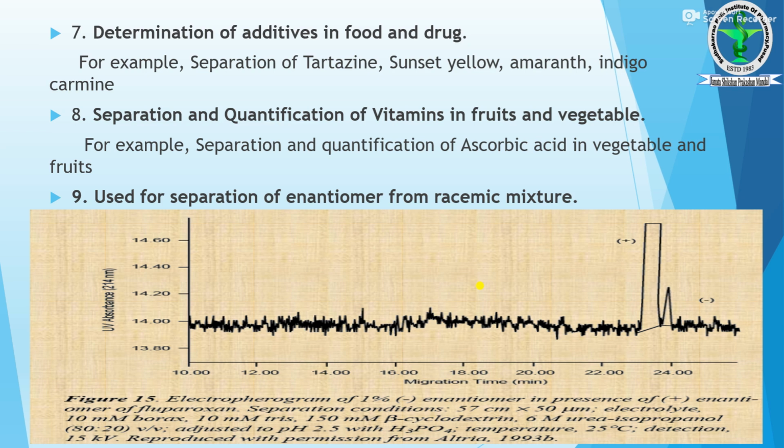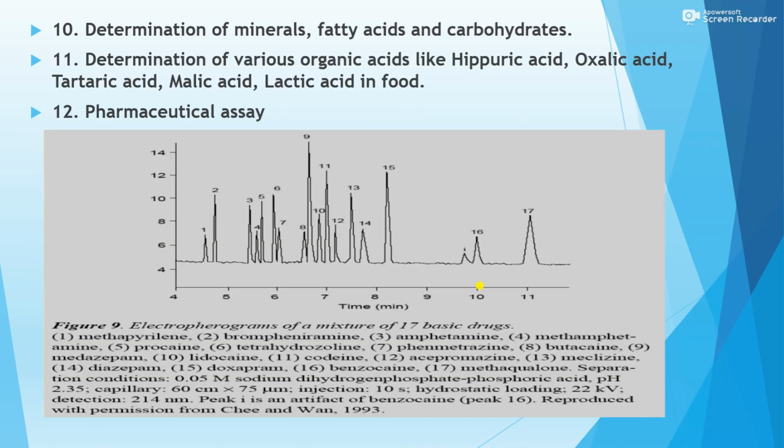We are also using borax 10 mM, 150 mM beta cyclodextrin, 6 molar urea, isopropanol 80-20% weight by volume, adjusted to pH 2.5 with phosphoric acid. We are also using glacial acetic acid, thereby maintaining the acidity. Temperature is 25 degrees Celsius, and the voltage is 15 kilovolts. So that is the separation of enantiomers from a racemic mixture.